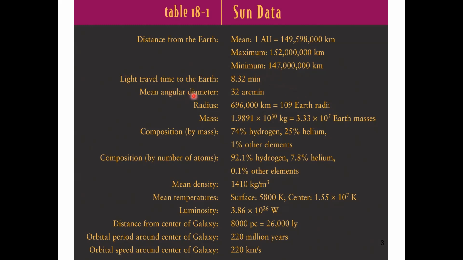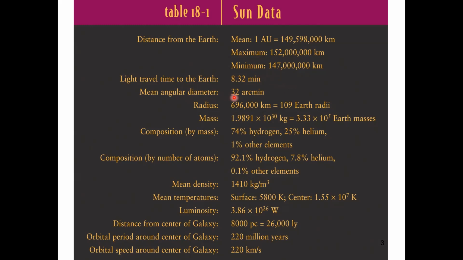If you look at the mean angular diameter of the sun, from left to right or top to bottom, what is that angle? It's about 32 arc minutes. If you stretch your right hand or left hand with your thumb up, that is roughly 32 arc minutes, like half a degree.